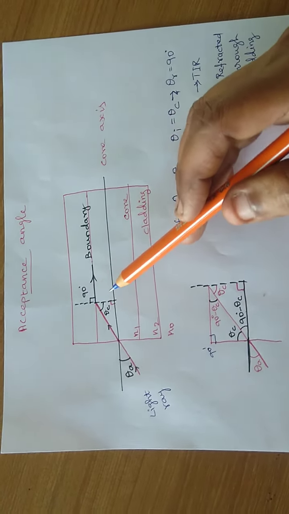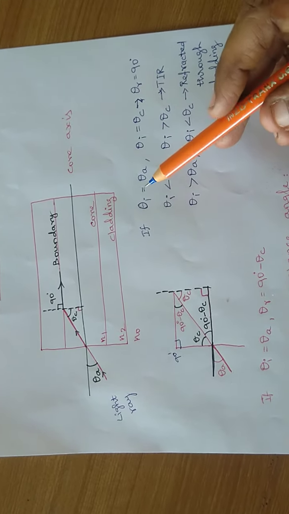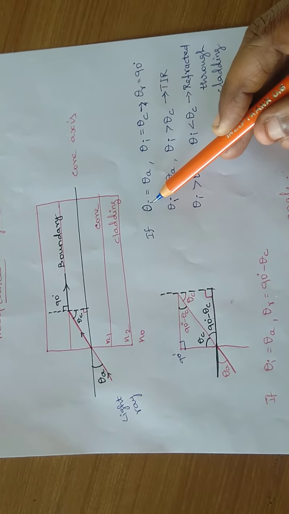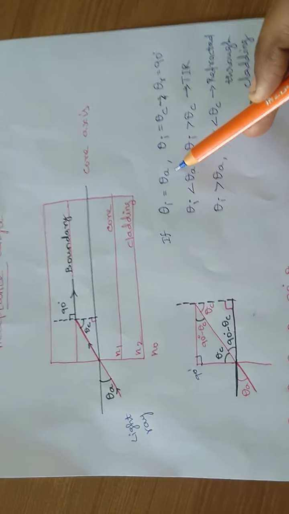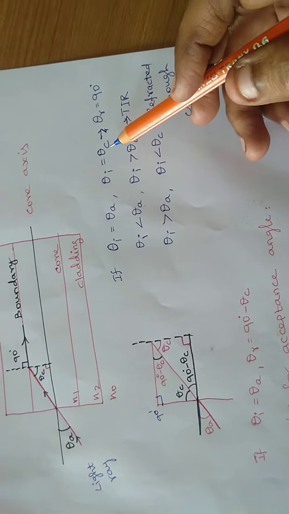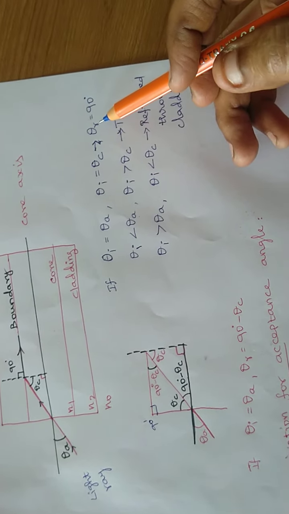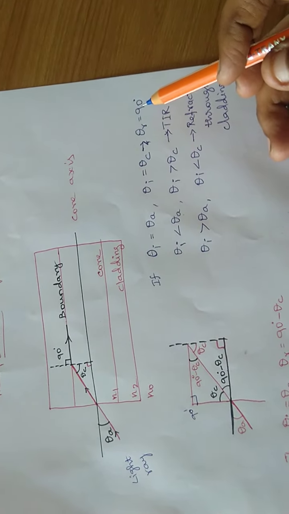So from this we can draw some conclusions based on the acceptance angle. First one: when the angle of incidence at the entrance of the fiber is equal to the acceptance angle, the angle of incidence at the boundary is equal to the critical angle and the angle of refraction inside the fiber is equal to 90 degrees.